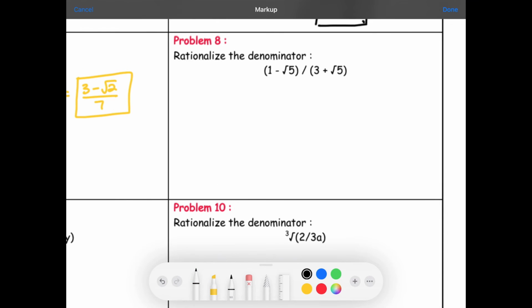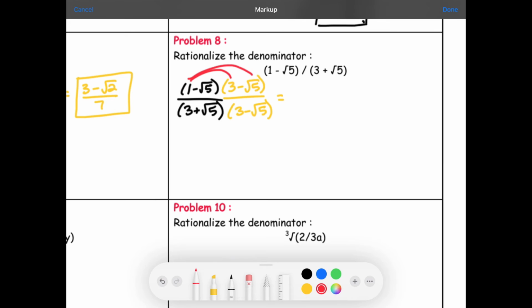Same kind of deal here. So we're going to multiply by the conjugate, which would be 3 minus root 5. We got to do that numerator and denominator. And we are going to have to FOIL in the numerator. 1 times 3 is 3. 1 times root 5 is root 5.